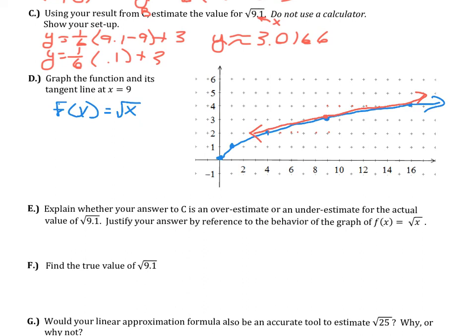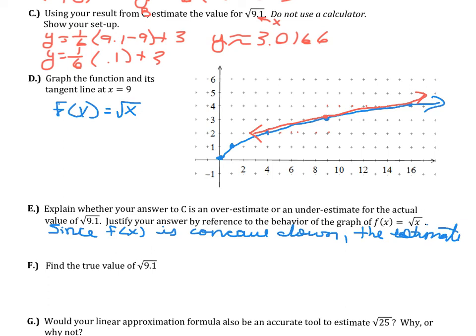So if you think about this, since f at x is concave down, that means that the estimate is an over approximation. It's an over approximation because the tangent line is above the function.